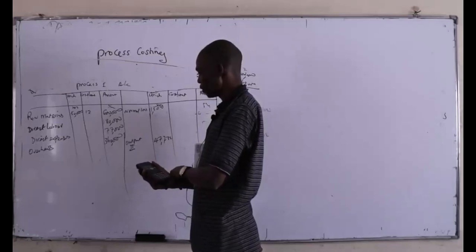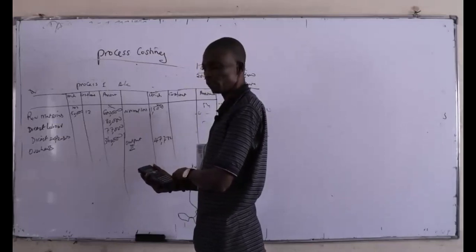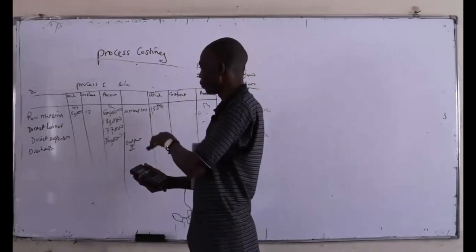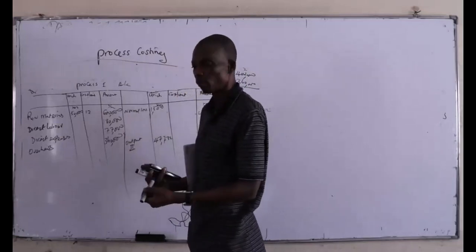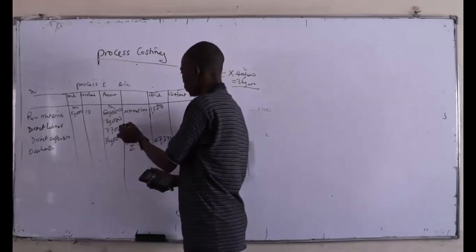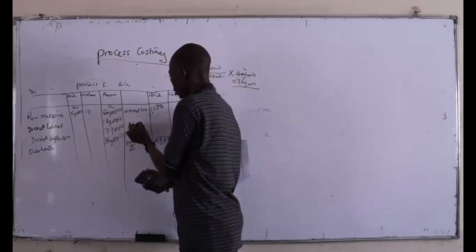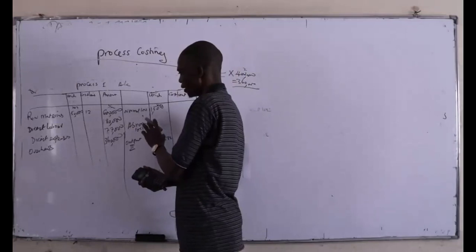But you can see we have ended up with a figure which is less than that which we had expected, which means we have lost more than what we had expected. And so that gives us what we call abnormal loss. So abnormal loss or abnormal gain is just a balancing figure between these two sides.